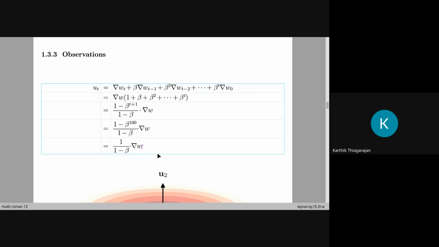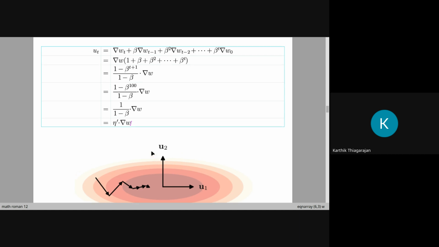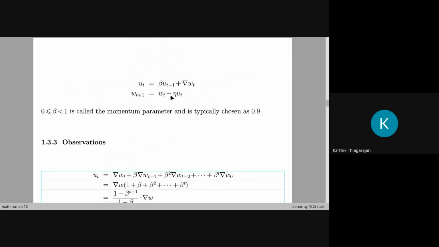Now, can you tell me what this is? I can call it the effective learning rate. When you actually plug in u_t here, you will get eta prime into the gradient of w. Sorry, I hope you get it.